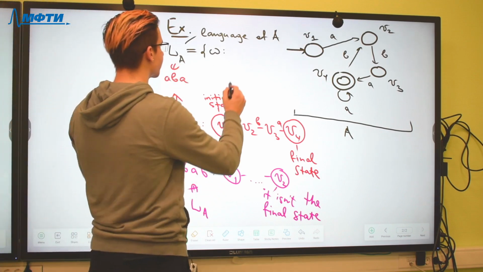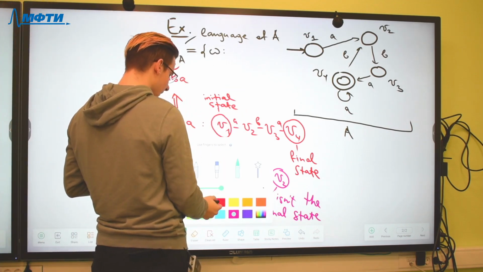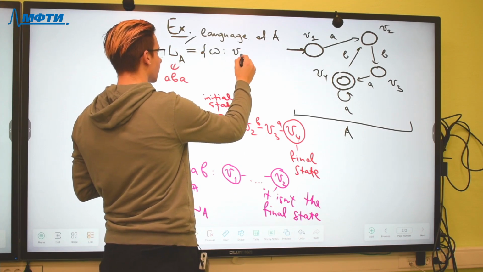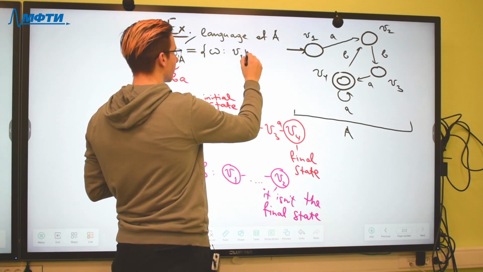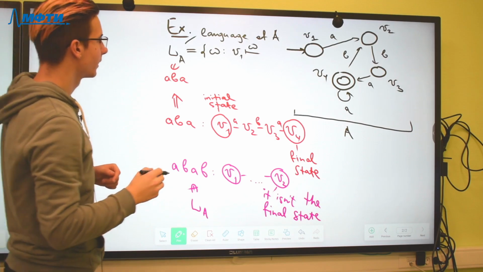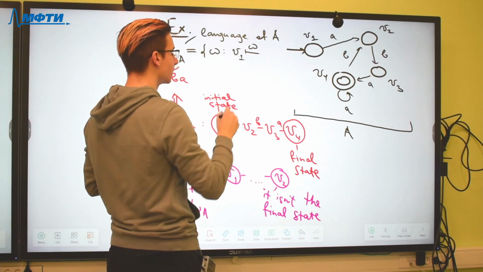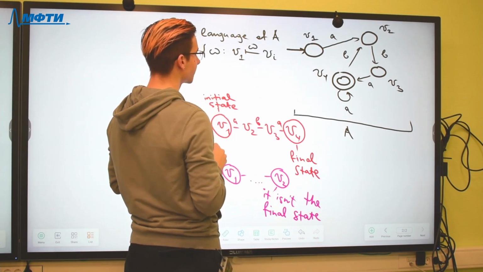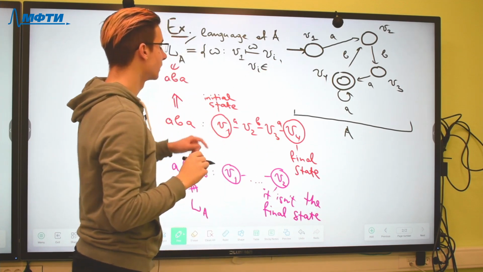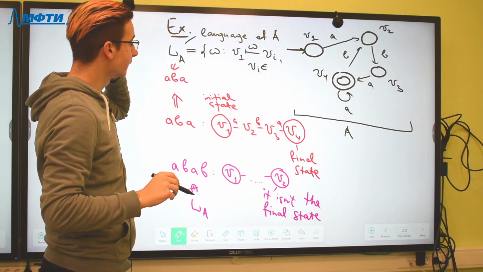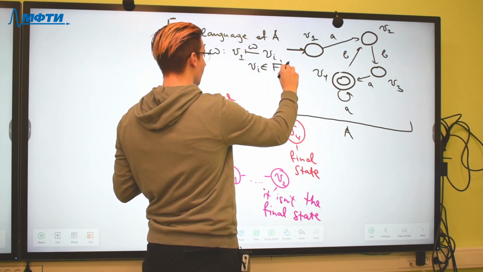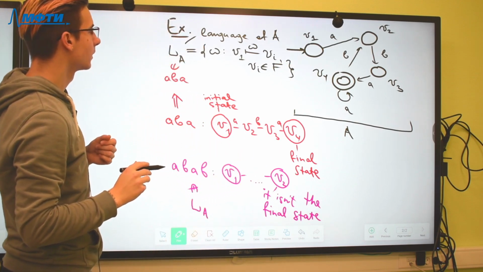In the common case, it says that the language contains the words such that if we start and find the way from the initial vertex to the other vertex, this vertex that is the final vertex in the path will be in the set of the final states.